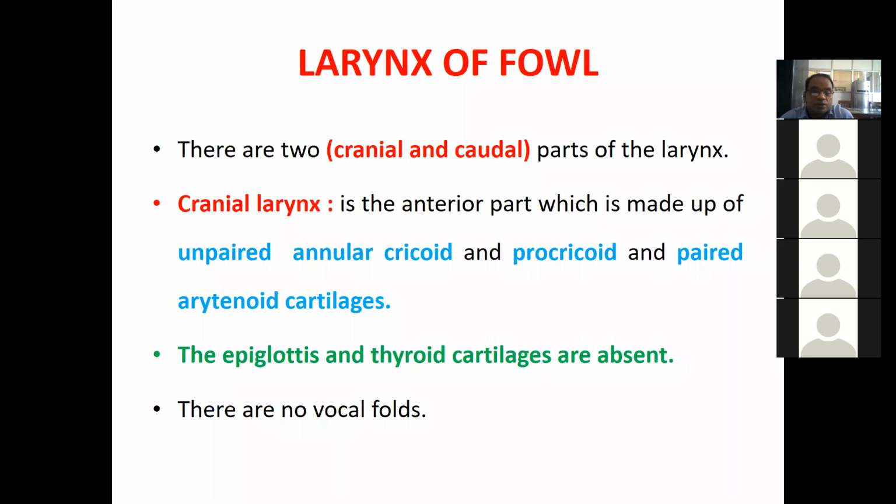Another important feature of this larynx is that there is no vocal cord, because sound in the fowl is produced by the caudal part of the larynx.